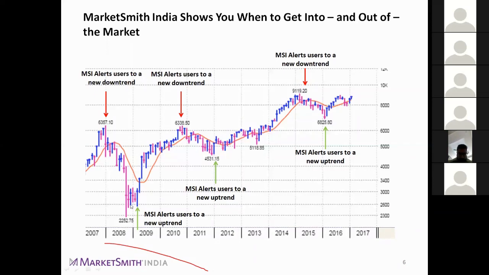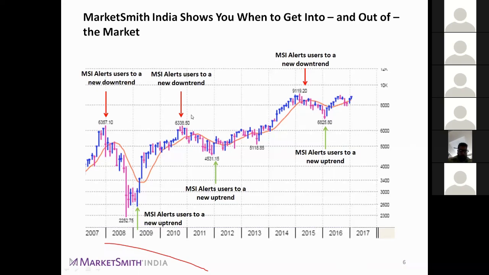And again, from correction, when market condition is improving and the market is going into an uptrend, making a rally attempt, here again we are alerting our users that the market is going into a new uptrend. So when you get this kind of notification, this signal that the market is getting into an uptrend, you know your approach should be to buy stocks, because uptrend is the best time to buy any stock.